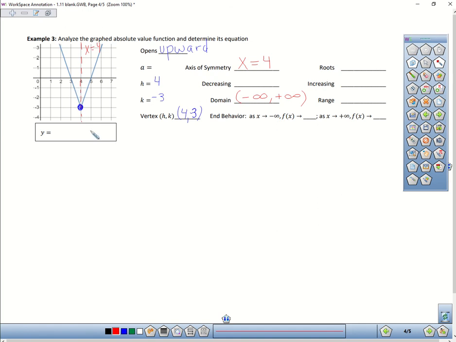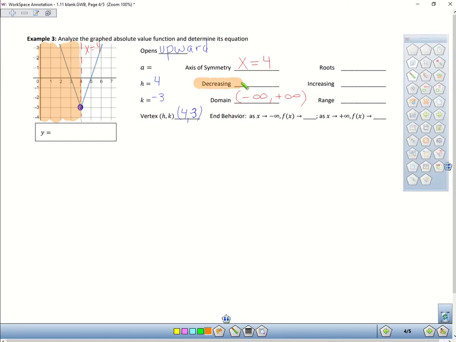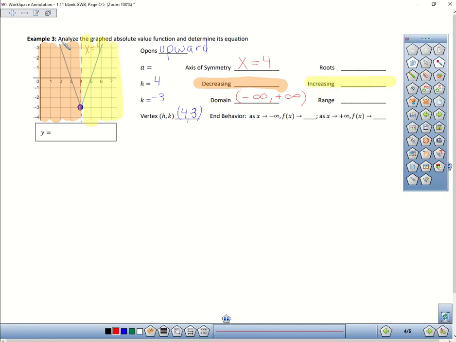So my graph is decreasing down here on this side. So if we look at it in terms of different colors, my graph is decreasing over here. And it's increasing over here. So my graph is decreasing from -infinity to 4. And my graph is increasing from 4 to positive infinity.